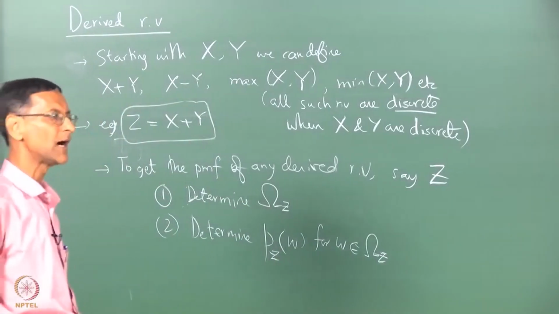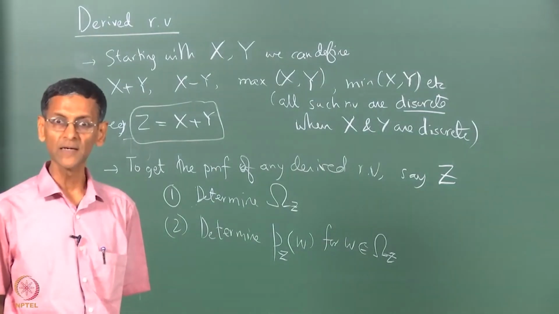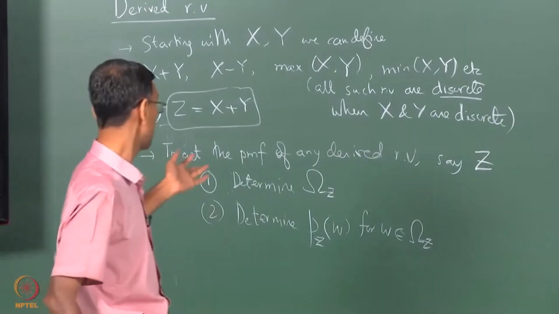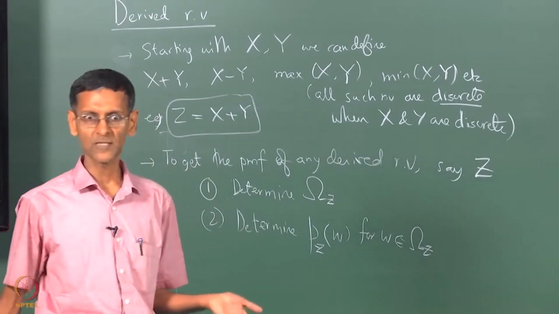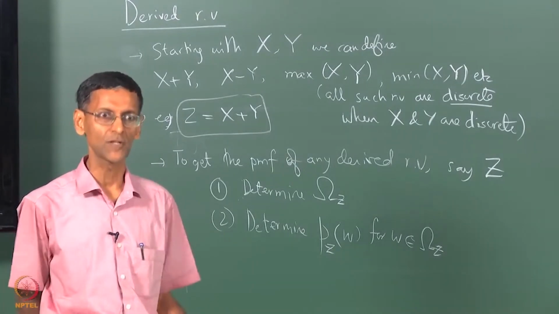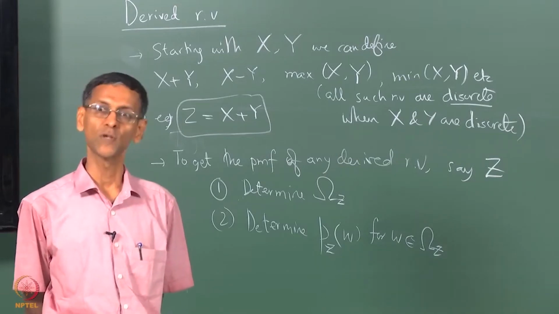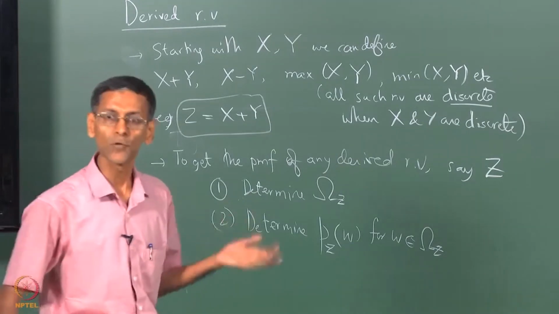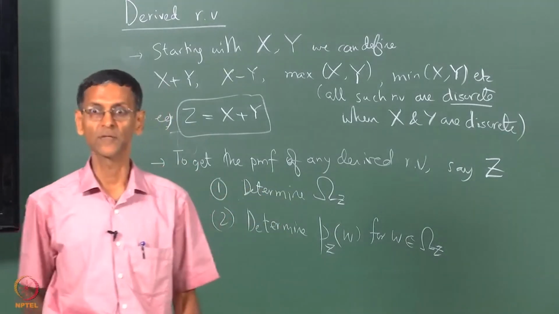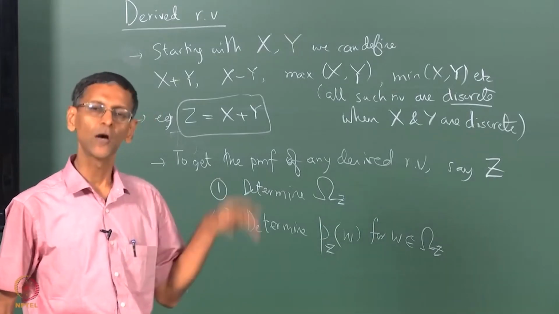For example, if you throw two dice and say z equal to x plus y, omega z will be 2 to 12, that is obvious, and any number like 6 or 7 or 8 will have lots of combinations of x and y which give you that particular z. 3 and 3 will give you 6, 4 and 2 will also give you 6, 2 and 4 will give 6, etc. So all of those probabilities will have to be added to get the probability of z being 6 or 7, whatever, and then you can easily verify the convolution result even without going into convolution.